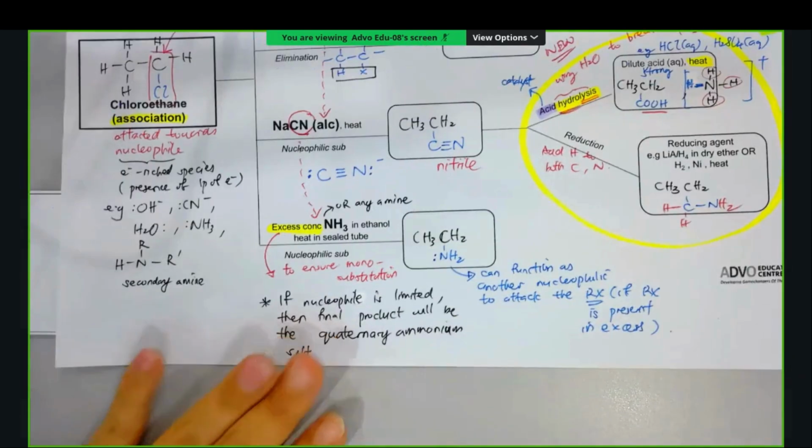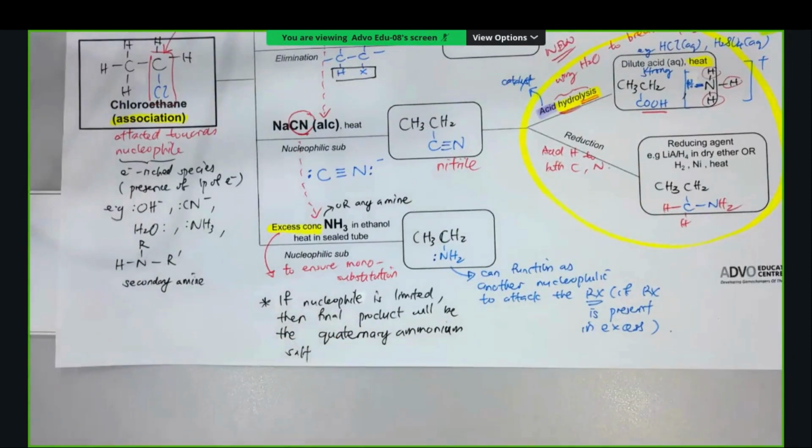Last but not least, excess concentrated ammonia in ethanol, heat in sealed tube. You don't have to use ammonia, you can use any look-alike, your amine also can. Do take note why we need to use the nucleophile in excess: because you want to keep the substitution to only one time.